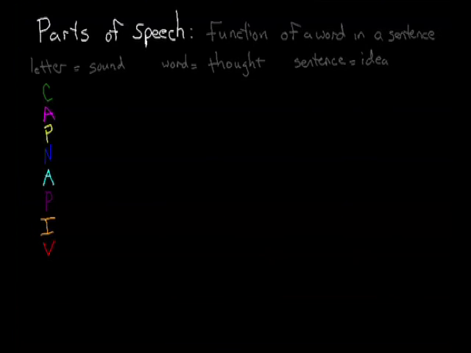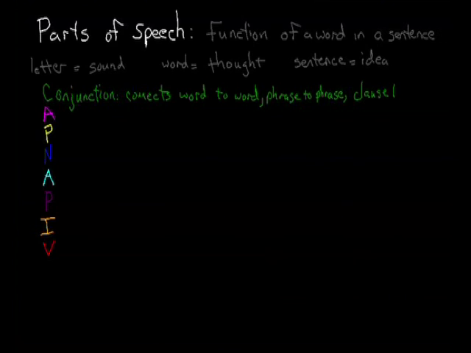So the C represents conjunction, and a conjunction is a word that connects words to words, phrases to phrases, or clauses to clauses. And we'll talk about the definition of phrases and clauses in another lesson, but conjunctions basically function to connect. The basic function is to connect.